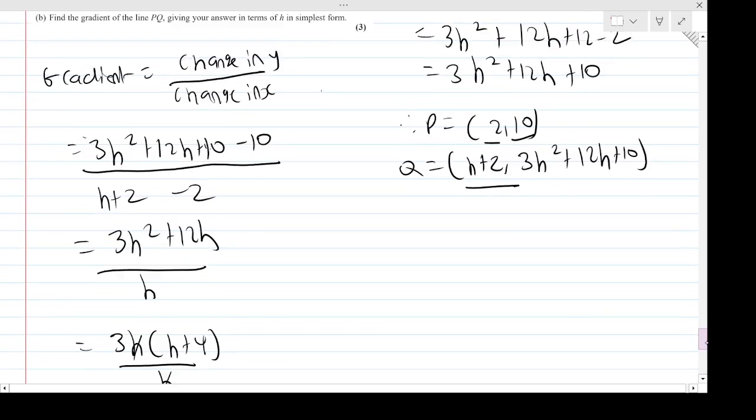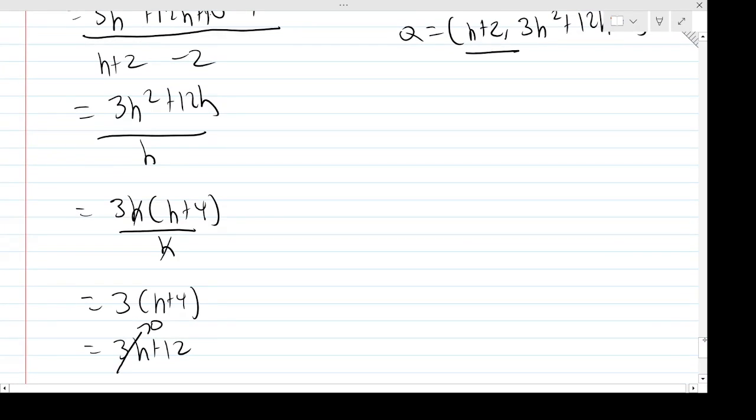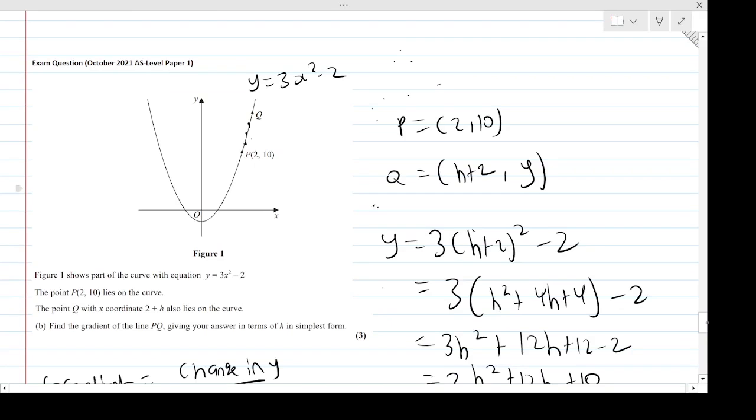We will be looking at this idea of two points being close to each other to find the gradient in this way. We will be looking at this more formally in the next section. But for now, hopefully you got the idea that the gradient of the tangent at a point on the curve gives us the actual gradient of the curve at that point.